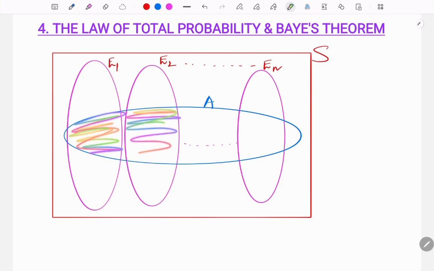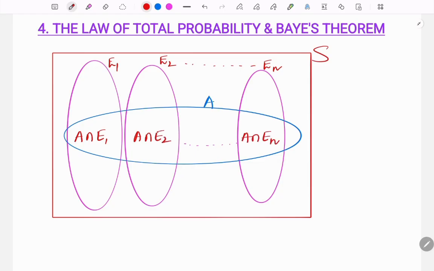This is the common part of A and E2, and here of A and En. Now write down the part's names: the common part means A intersection E1. What about this one? A intersection E2. Here, A intersection En.